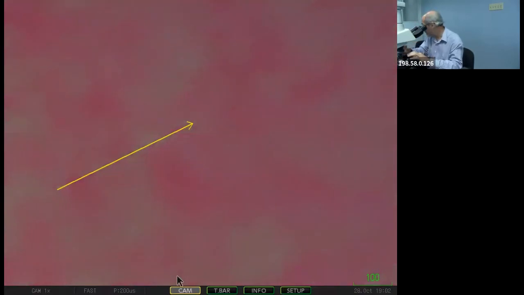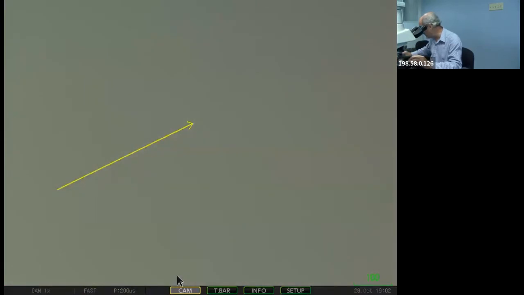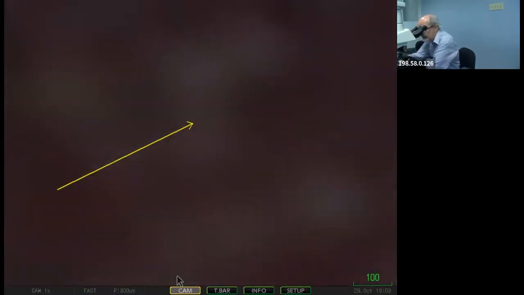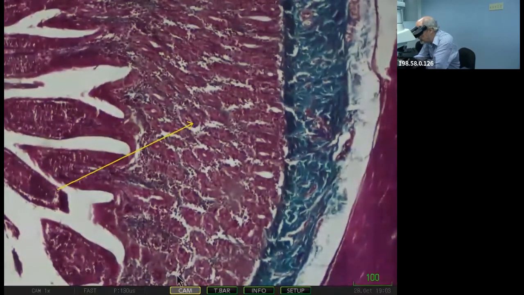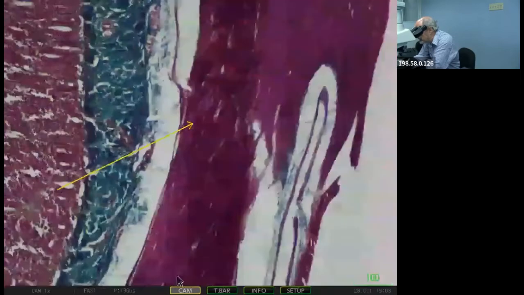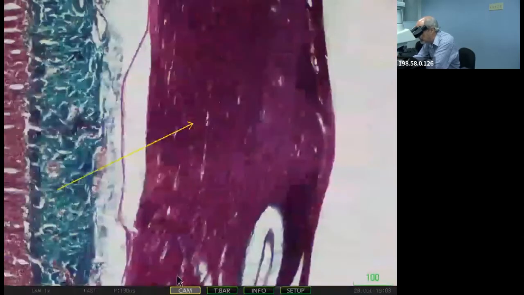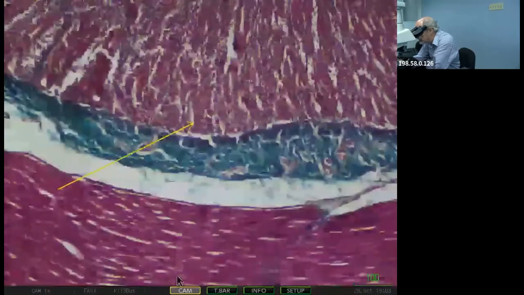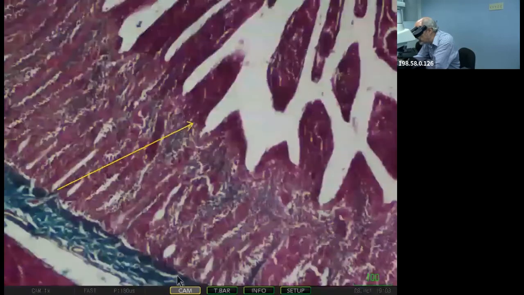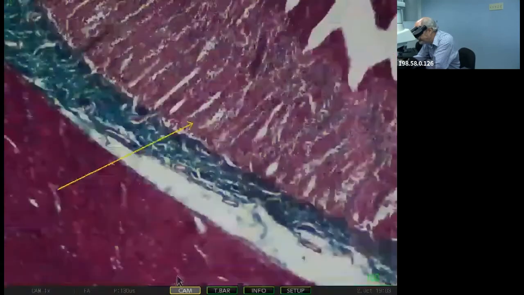Okay? Now, if I do the same staining as what we did for the musculotendinous junction, which is a trichrome, it will stain the connective tissue in green and your muscle fibers in brown or purple. So here you have your jejunum, with the epithelium here.